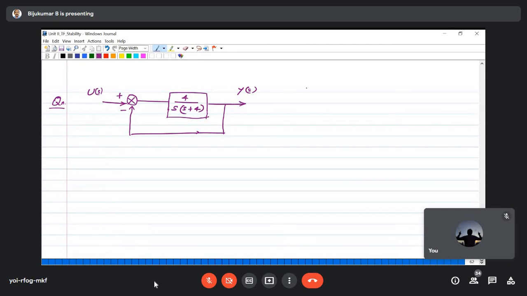The question is: find the peak overshoot of the system to a step input.